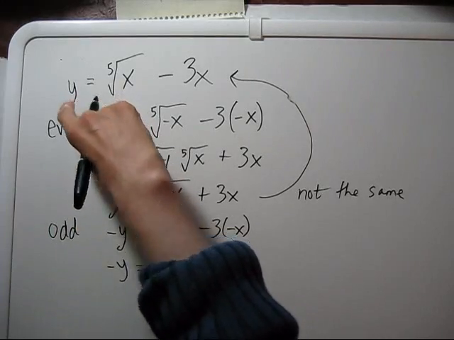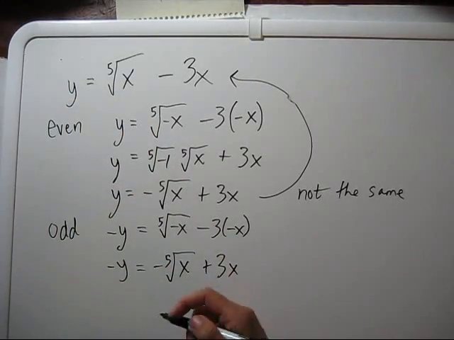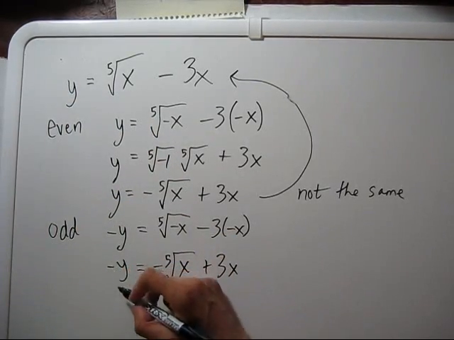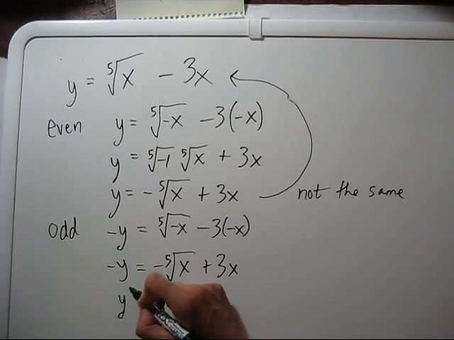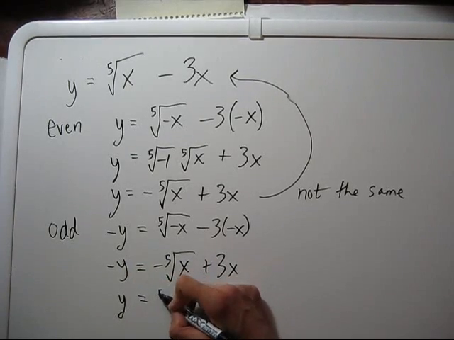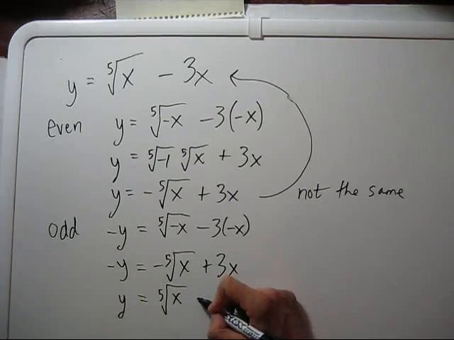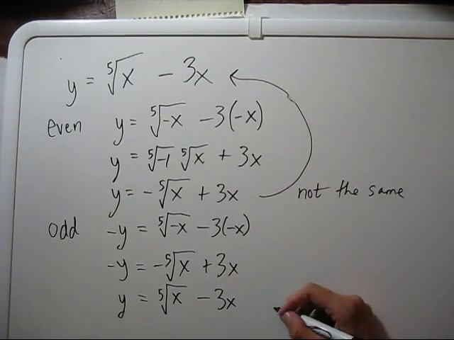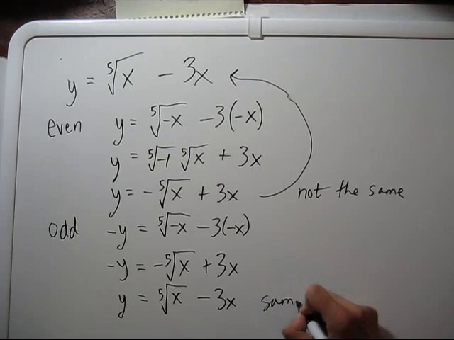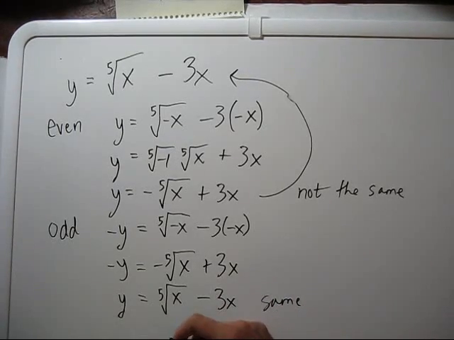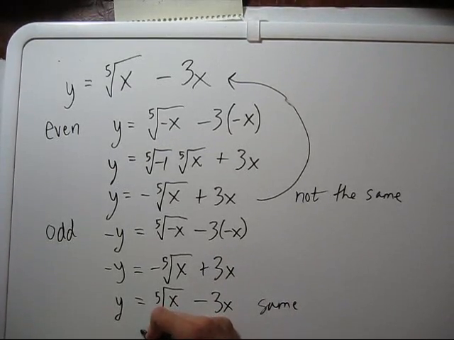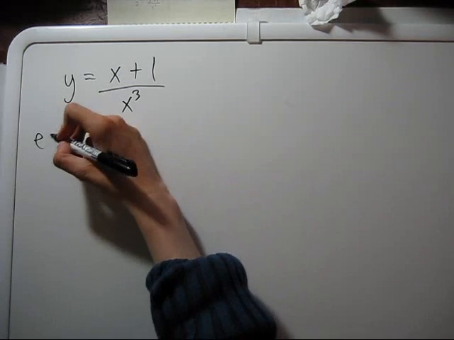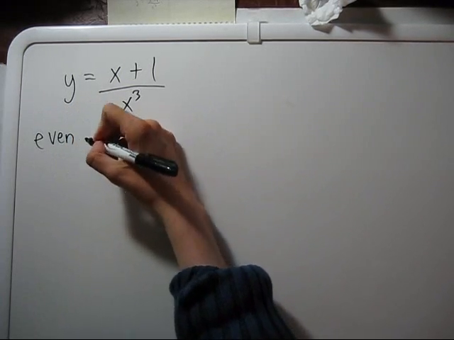Well, we have a y on the left, so let's multiply everything by negative 1 and see what happens. This will be y equals fifth root of x minus 3x. Is it the same? Yes, it is. So this equation is odd.